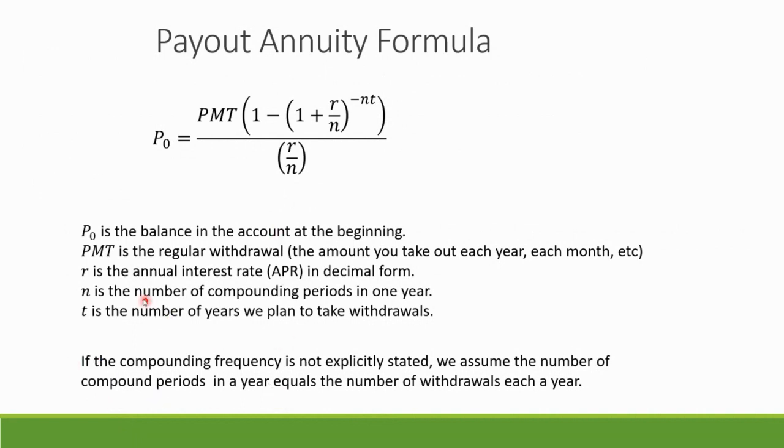Here, let me just say that PMT is our regular withdrawal, how much we're taking out regularly. P0 is the account in the beginning, how much is in there initially.